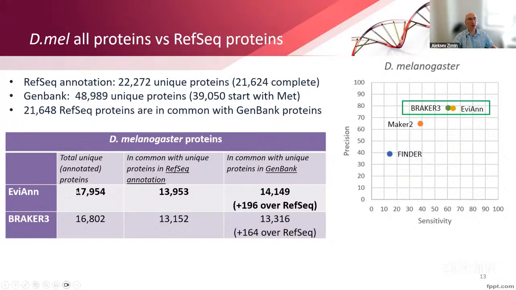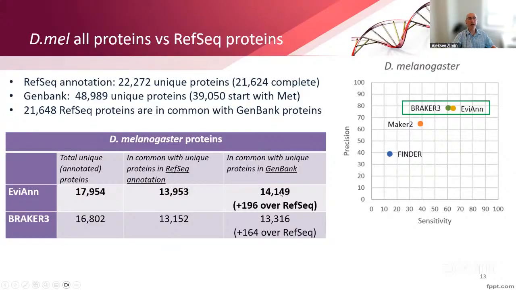So, for example, if we look at EviAnn and Breaker3 annotations, EviAnn annotates 17,000 unique proteins for Drosophila melanogaster, and Breaker3 annotates about 1,000 fewer. If you look at the proteins in common with unique proteins in the RefSeq annotation, yes, EviAnn gets more proteins in common with RefSeq.